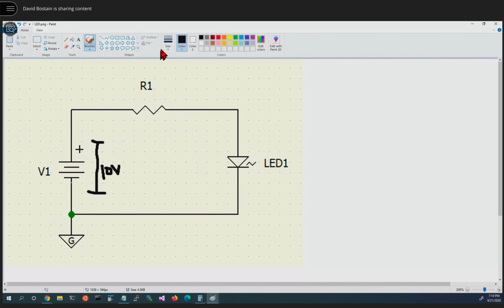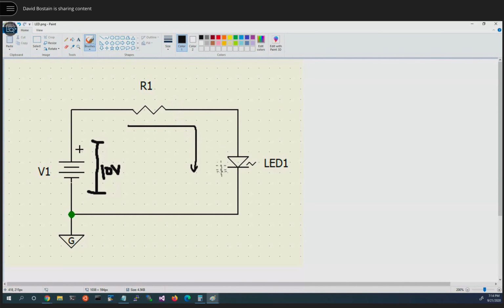And what we've been asked to do is determine what the current is through the circuit, or determine what the value of the resistor is. And we might ask, what is the color code of the resistor? That might be how we ID the thing.